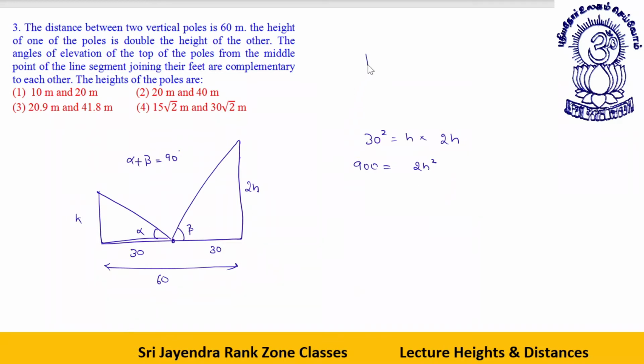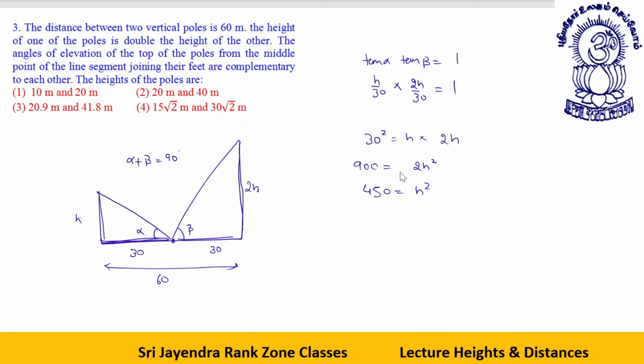If you want to go in detail, tan alpha into tan beta is equal to 1. What is tan alpha? Tan alpha is perpendicular upon base, h by 30. Tan beta is perpendicular upon base, 2h by 30. This is equal to 1. So 450 is equal to h square. Clear. H square is equal to 450.